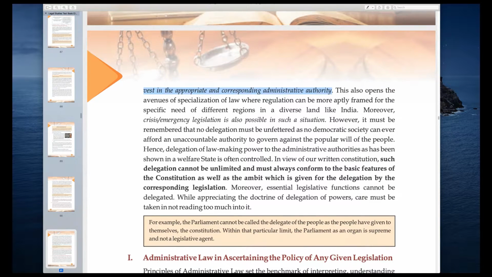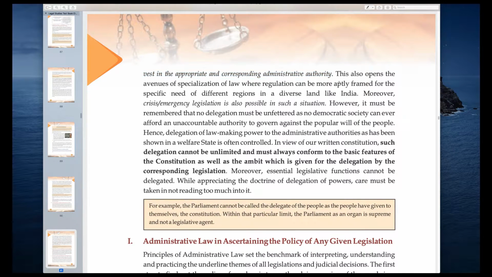Now, move on to the next sentence. This also opens the avenues of specialization of law where regulation can be more aptly framed for the specific needs of different regions in a diverse land like India. So this is talking about the various aspects of what a specialized body can do, as it says, opens the avenues of specialization of law.